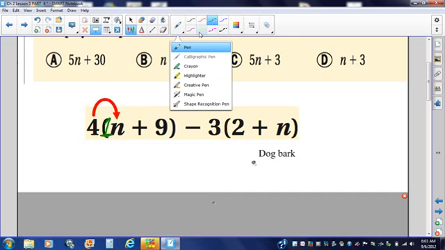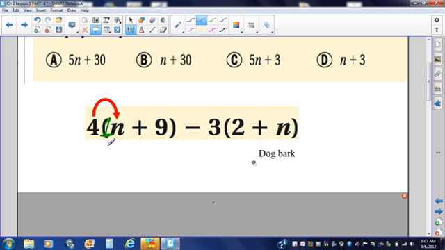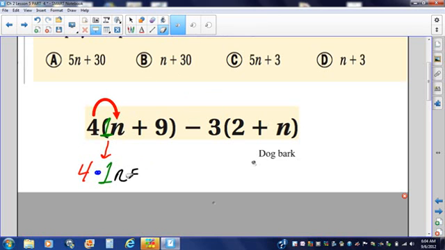So please write on your paper that you have 4 times 1n. So I am going to multiply after I erase my sloppy equal sign.